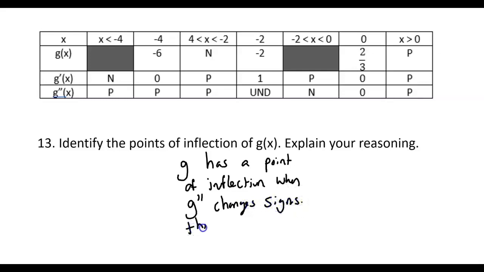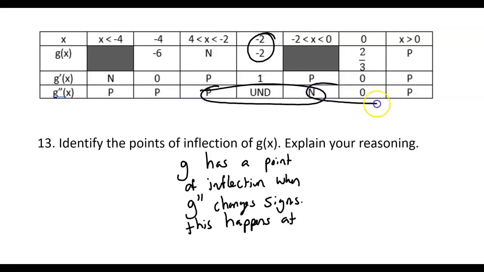This happens at, here we're changing from positive to negative, and there is a point at that location. And we're also changing from negative to positive here at this point. So we have 2 points of inflection. So here's one point. My x value is -2, my y value is -2.